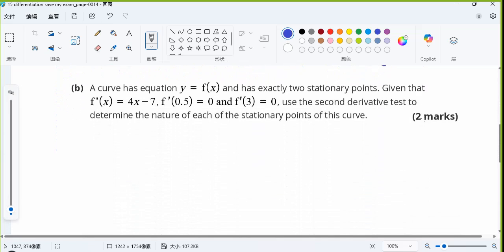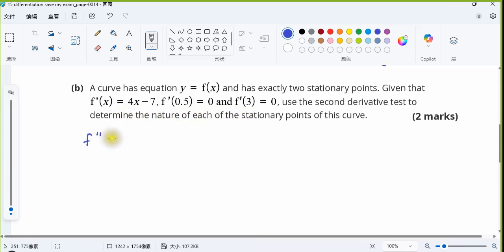Part B. A curve has equation y equal to f(x) and has exactly two stationary points. So the second derivative is this, the first derivative is this. So 0.5 and 3 are the stationary points, so use the second derivative test to determine the nature of each stationary point of the curve.